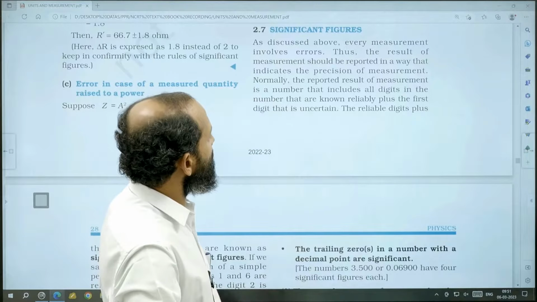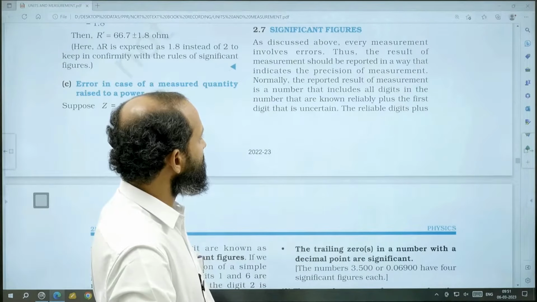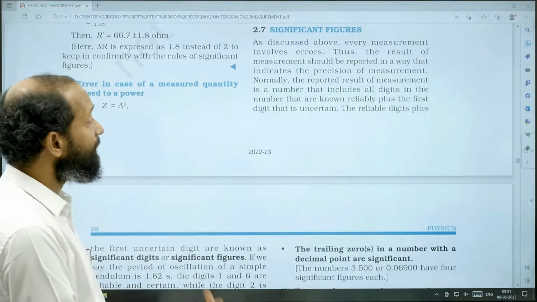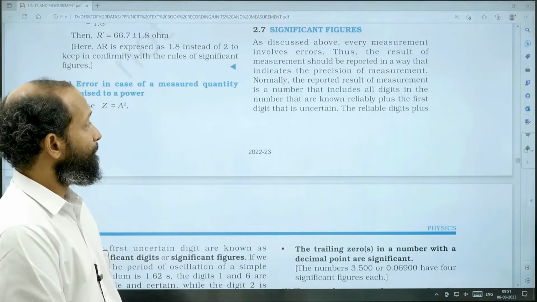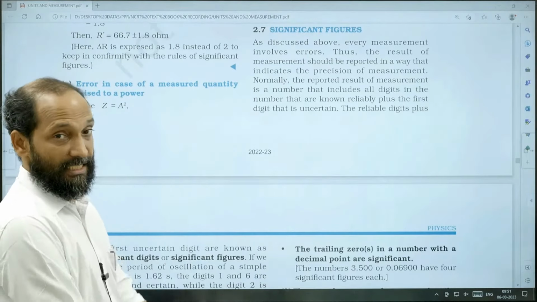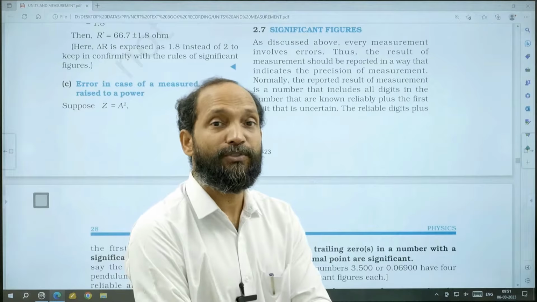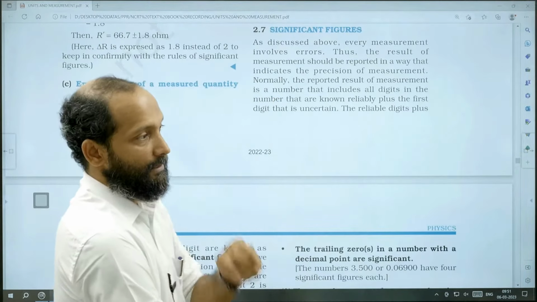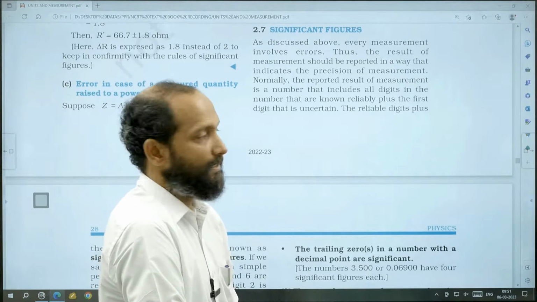Significant figures are the number of digits known reliably about a measurement, plus the first digit that is uncertain. Uncertainty may be produced in different numbers of digits, but only the first uncertain digit is taken as significant.